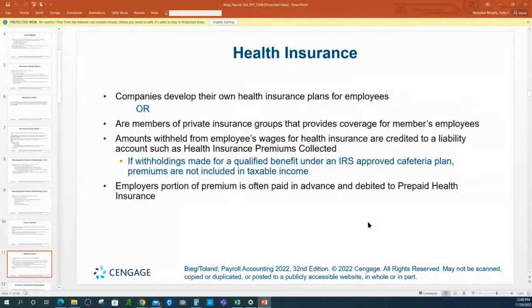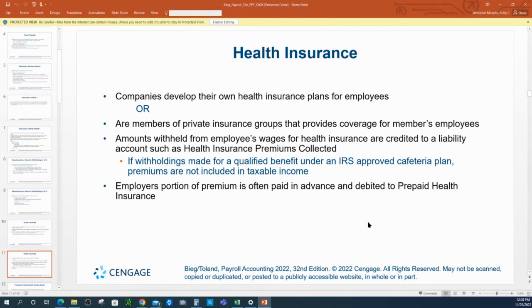Health insurance, same type, just another type of insurance, right? Health insurance is one of those benefits that a lot of employers will provide, but oftentimes employees have to pay some portion of it from their paycheck. Remember, that's pre-tax if it's part of a cafeteria plan. That helps the employee tax-wise, but we've already done those calculations.